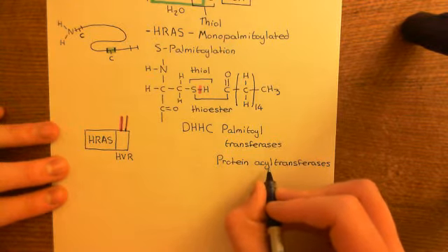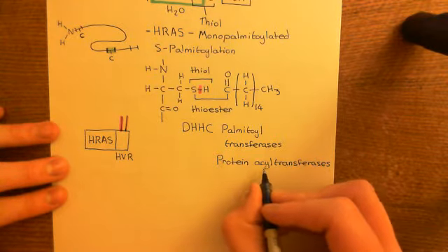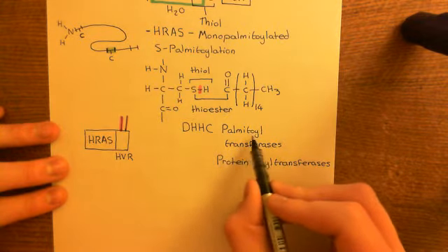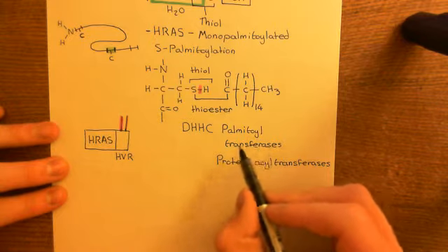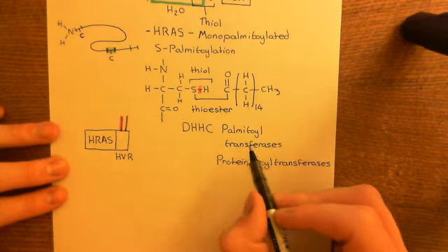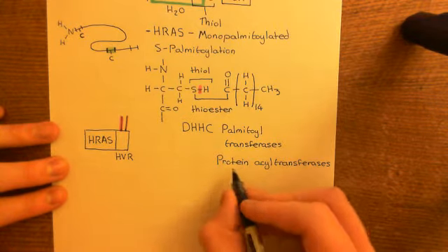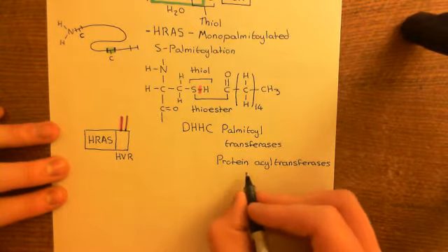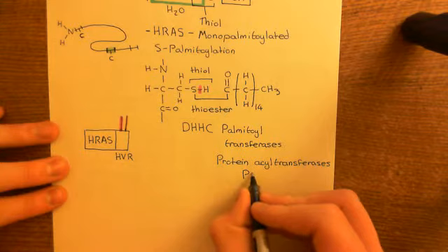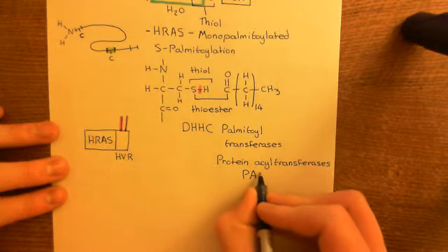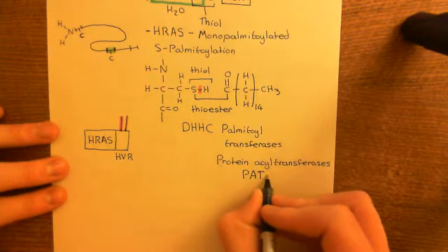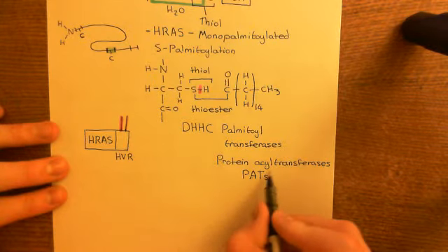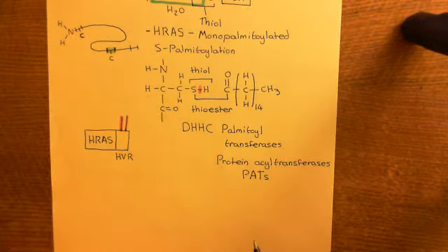There are two main acyl groups that can be transferred onto proteins. Palmitoyl groups are one of these, but there is another known as a myristoyl group that can also be transferred onto proteins. So all the enzymes which catalyze myristoylation will also be in this family of protein acyl transferases. For short, the family is abbreviated to PATs: P for protein, A for acyl, and T for transferases.